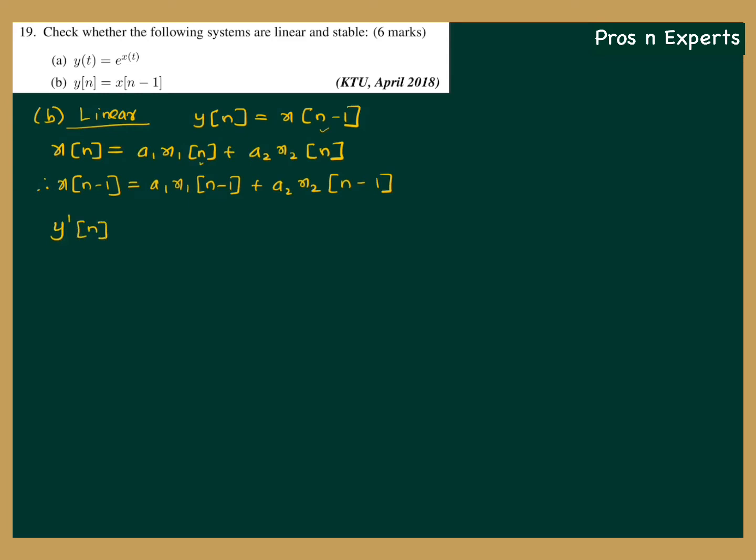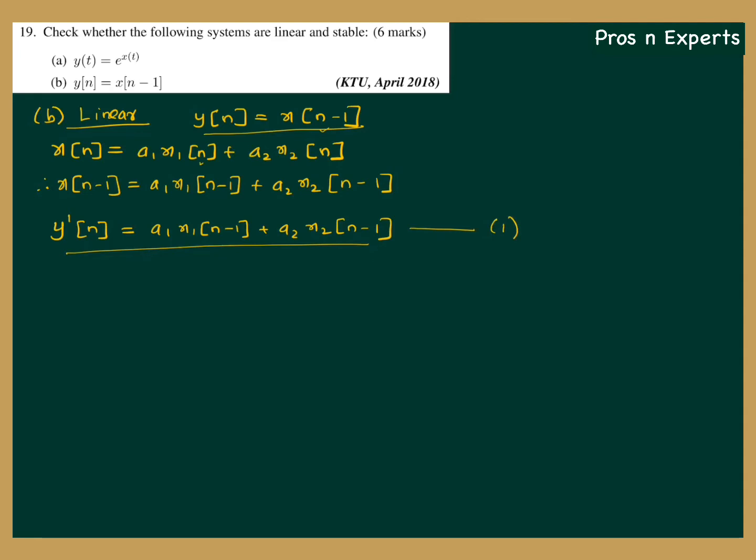From this equation, y dash of n is equal to a1 x1 of n minus 1 plus a2 x2 of n minus 1. That must be our equation 1, right?